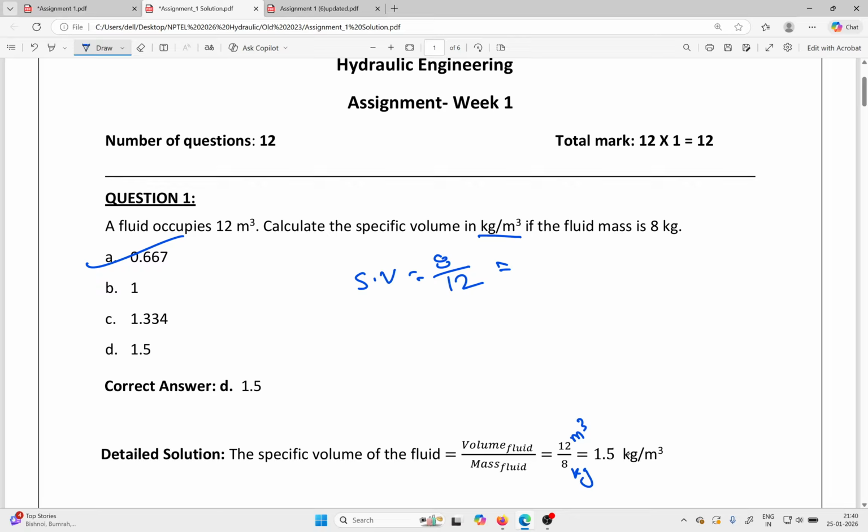So if you are solving with this, the unit should be meter cube by kg, not kg per meter cube. I think the mistake is in the formulation of the question; it should be meter cube per kg.